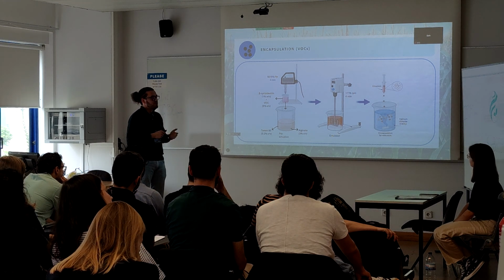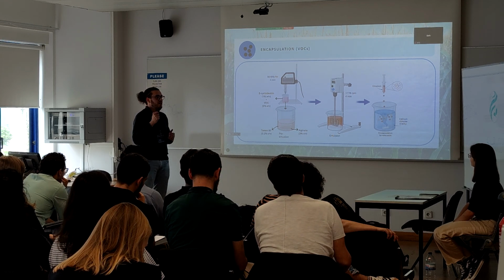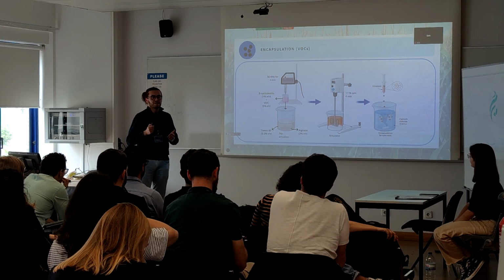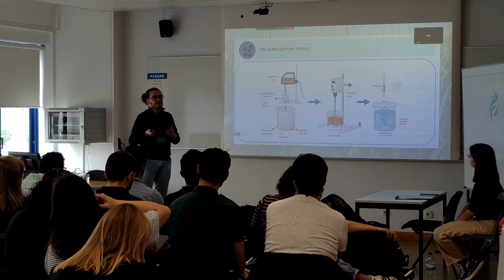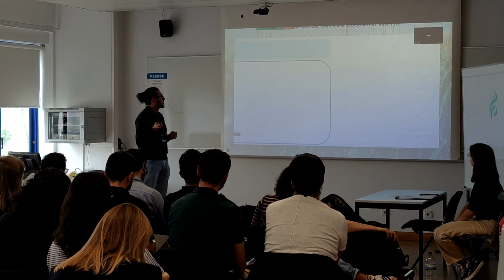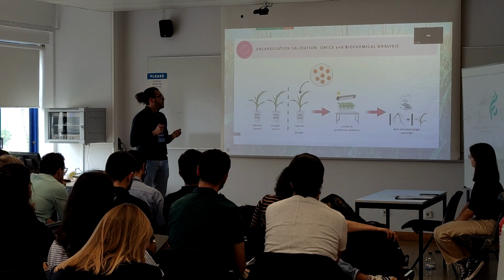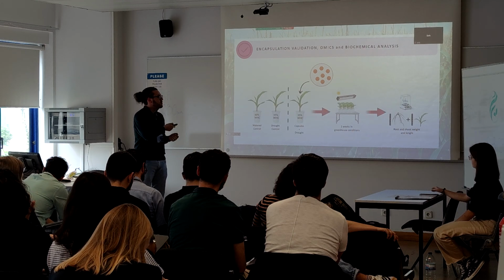I'm still trying to find the best formulas and the best concentration of volatiles. I already tested one, but I think I put in too much volatile, and the result was not what I expected.